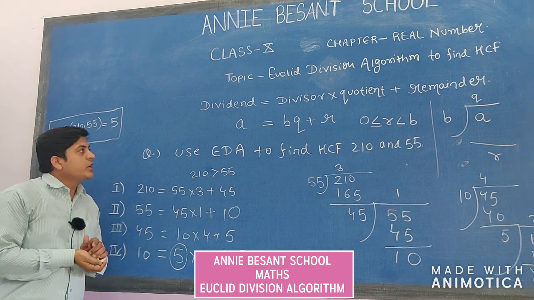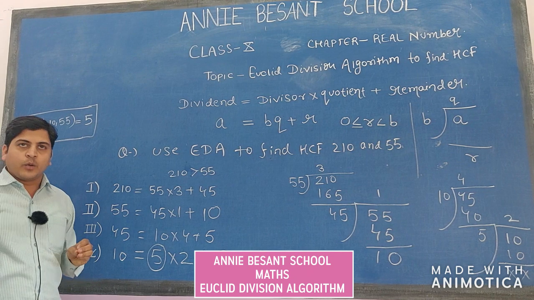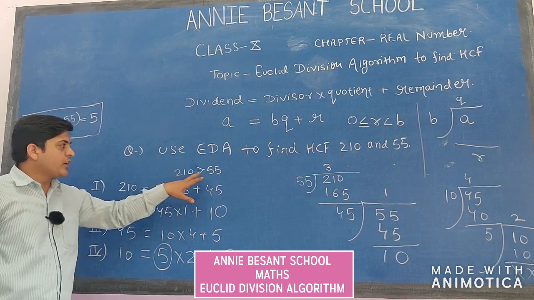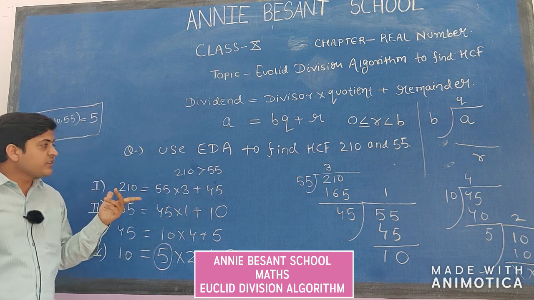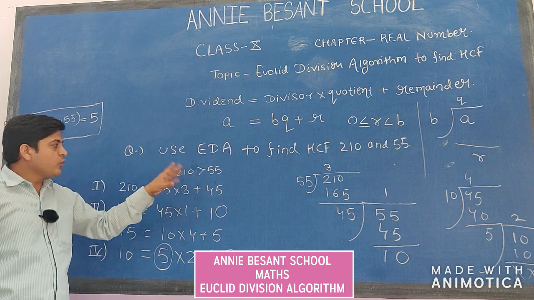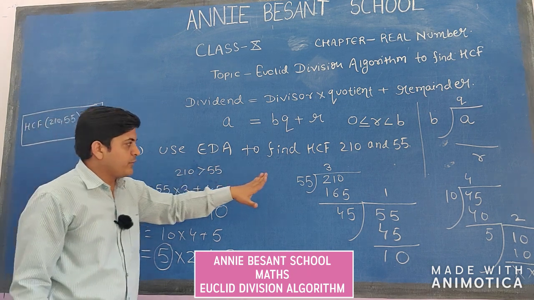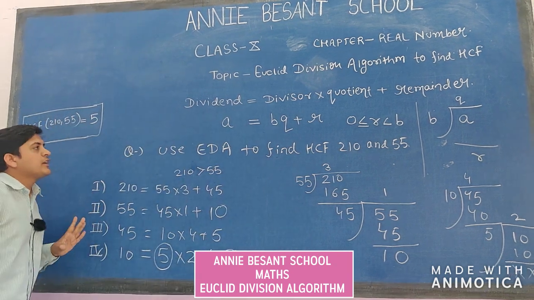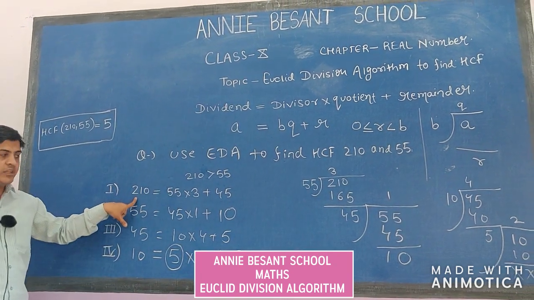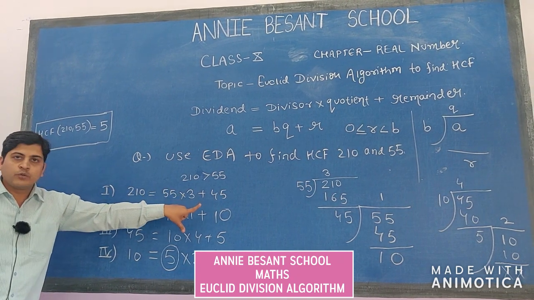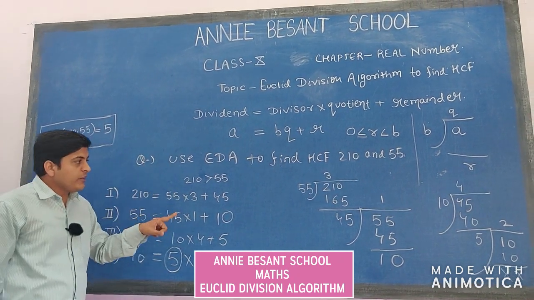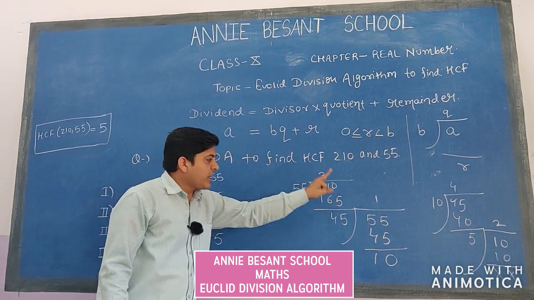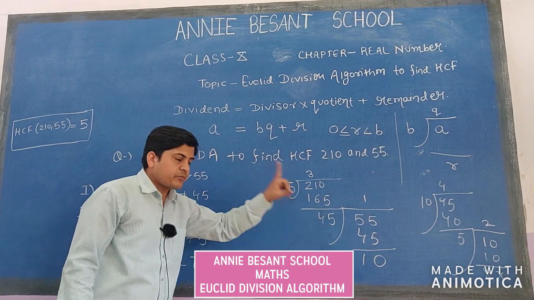Once again, I repeat, what is the procedure? Euclid division algorithm to find out the HCF of any two numbers. We take the numbers 210 and 55. The number which is greater is 210, so 210 is divided by 55. The remainder is 45 and the quotient is 3. With the help of Euclid division lemma, 210 is equal to 55 into 3 plus 45. Then 45 is our remainder and 55 is our divisor, so 55 is again divided by 45.